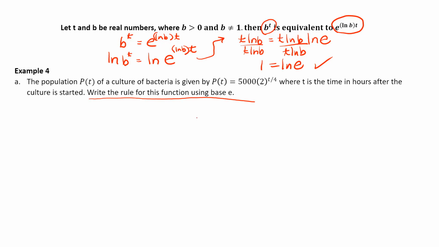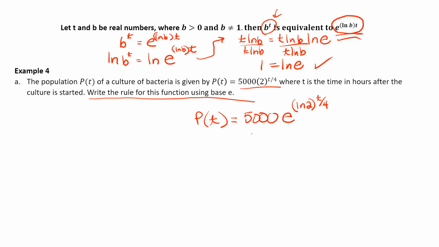So we could write P of t is equal to 5,000 times 2 to the t over 4. And instead of writing 2 to the t over 4, we're going to rewrite it as e raised to the natural log of the base, which is 2, times the exponent, which is t over 4.